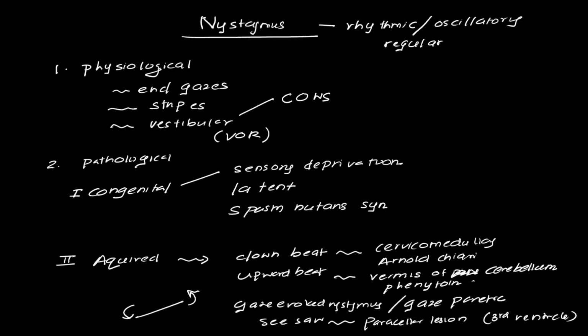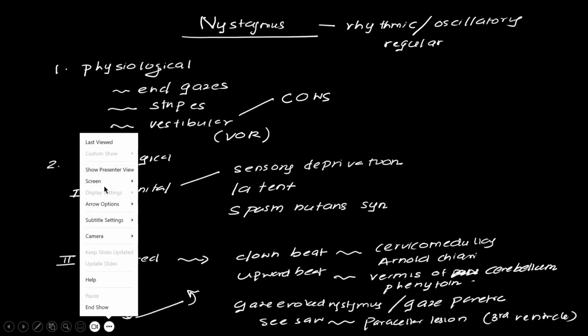Or else it could be a seesaw one as well. So this is what I usually go through when it comes to nystagmus, but there are many more. There is also something called convergence-retraction nystagmus, which I will not be looking at today, but perhaps we'll give you a good explanation in an upcoming video, right?